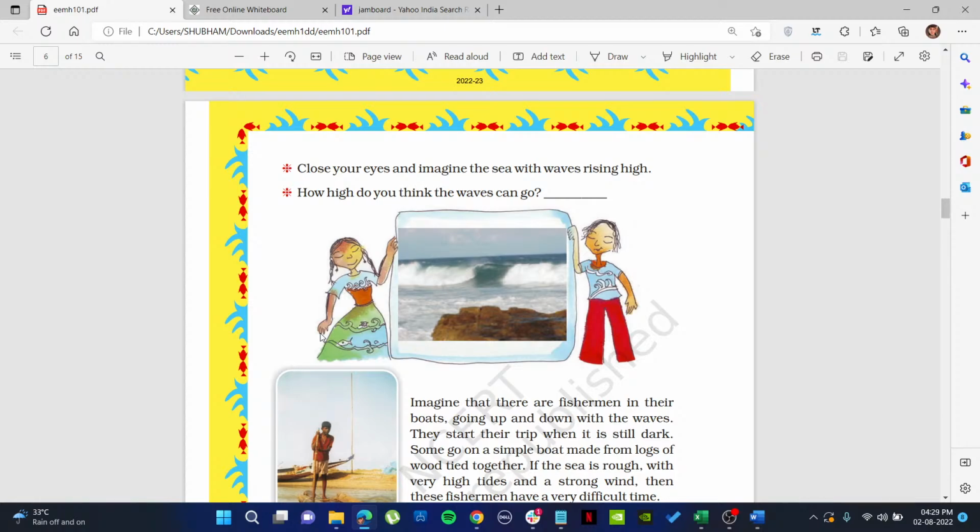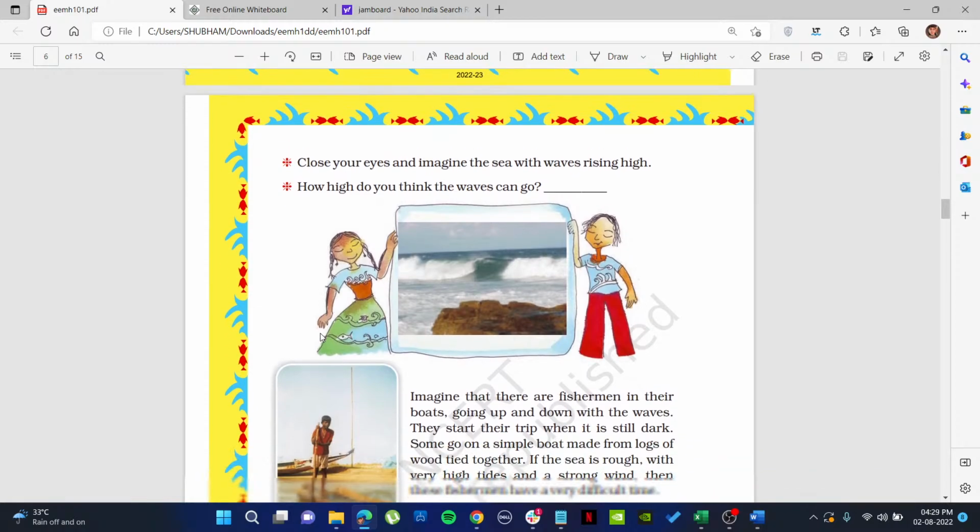When it comes to their height, it could be big, it could be small. The very high, the biggest one, is not a normal wave, and that wave is known as a tsunami. But a normal one could be around 10 centimeter.